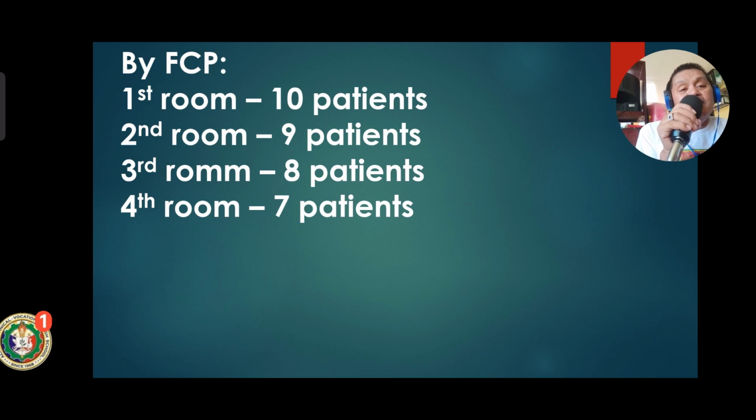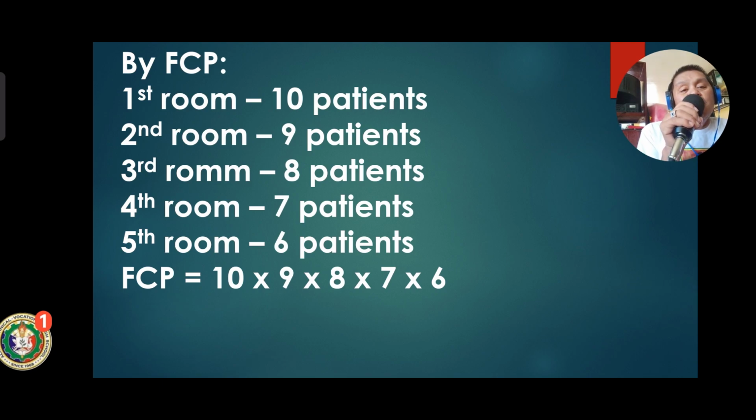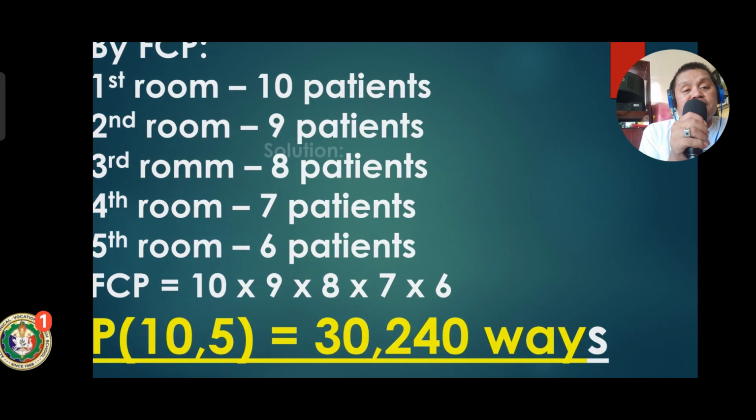And the fifth room, 6 ways. So by the fundamental counting principle, this will be 10 ways times 9 ways times 8 ways times 7 ways and finally times 6 ways of allocating the 5 rooms. We have now 30,240 ways.